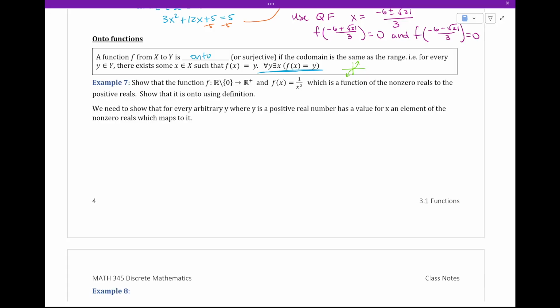So here is what I'm going to say. Let y be an arbitrary positive real number. 1 over x squared is equal to y, and I want to find x.